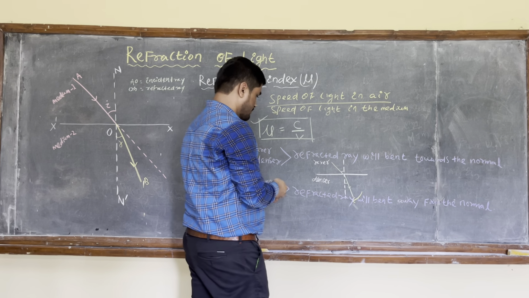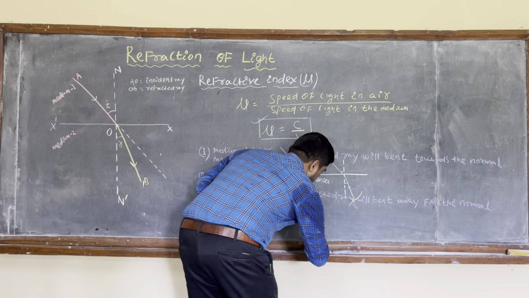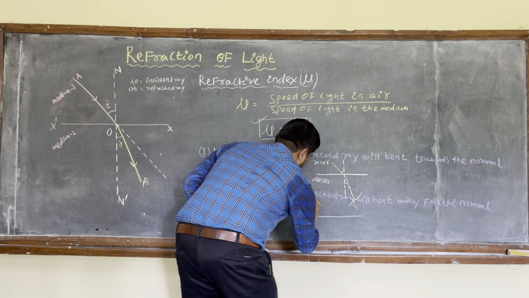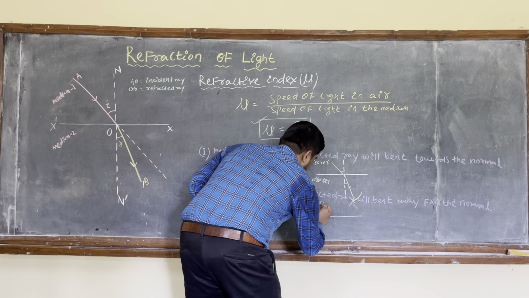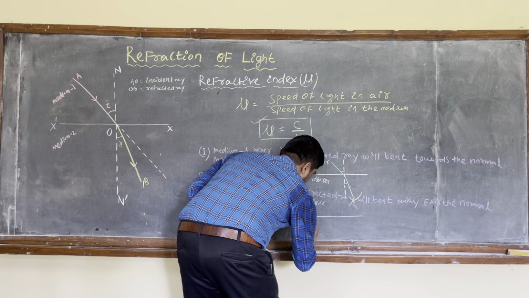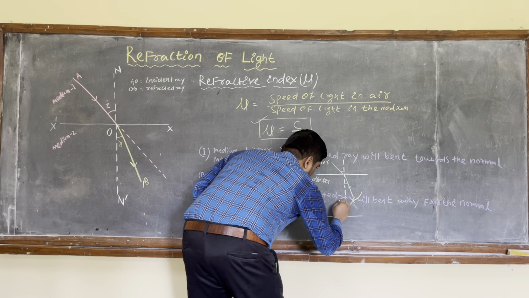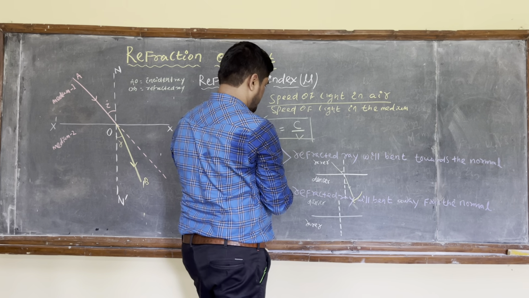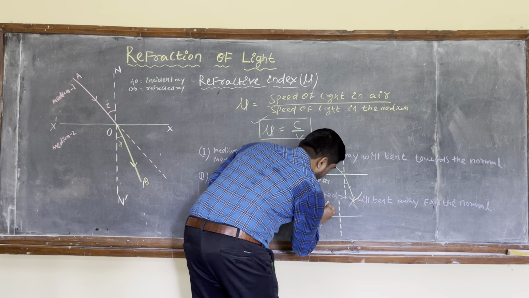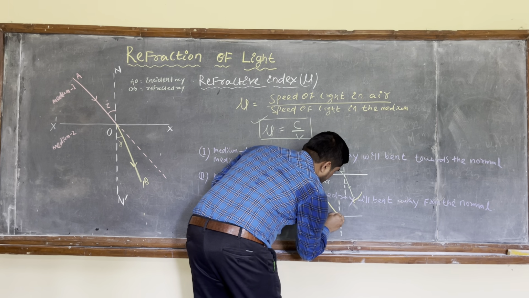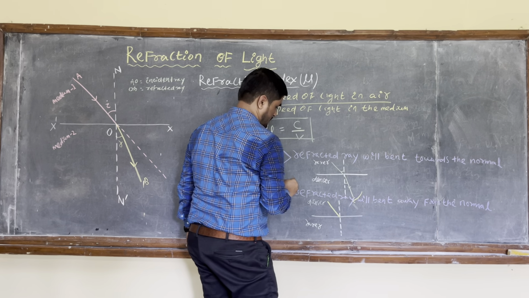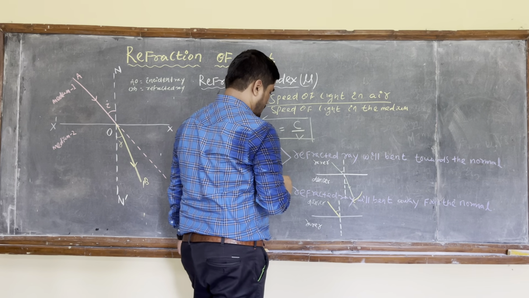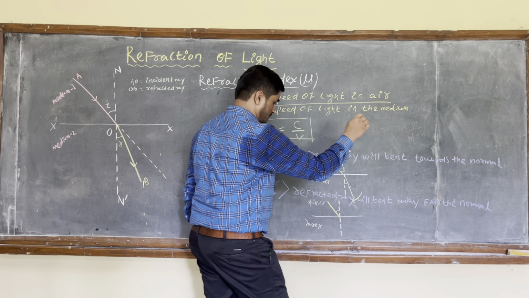Here, if this is the denser medium and this is the rarer medium and this is the normal, and this is the incident ray, this is the angle of incidence, the refracted ray will bend away from the normal.